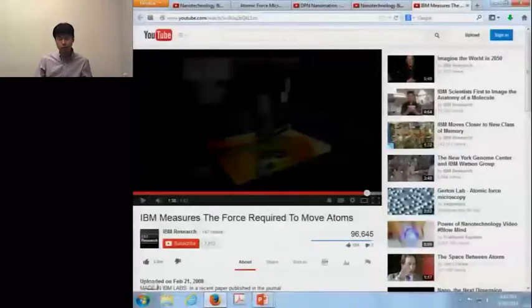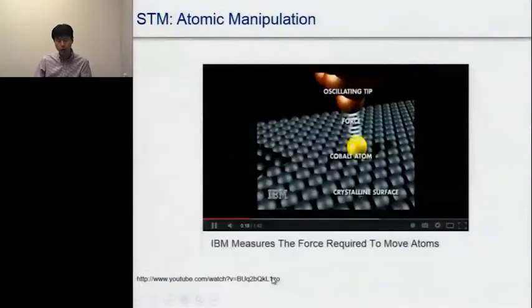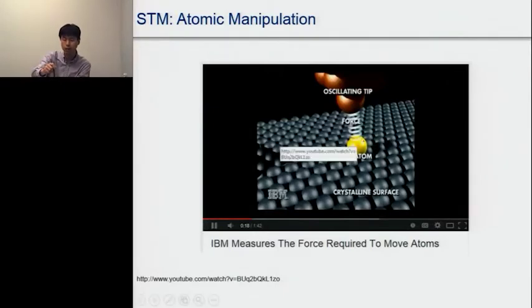So this video showed how we can manipulate different individual atoms, and based on the different materials used for this manipulation and the background materials, we can controllably manipulate each of the individual atoms.